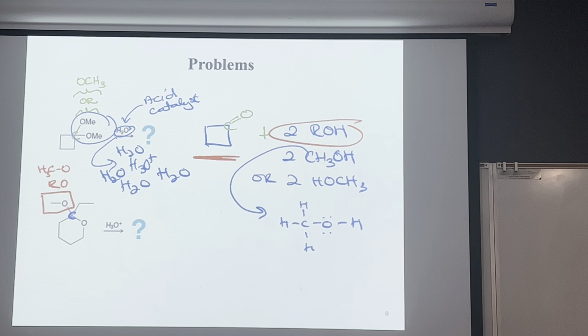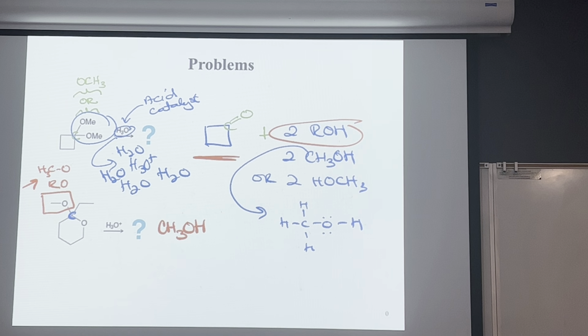Okay, so I'm gonna go ahead and write in one of our alcohol products, and that came from this right here, and when it hops off of the acetal, it picks up the hydrogen to become the alcohol. Are we okay with that part of the product?